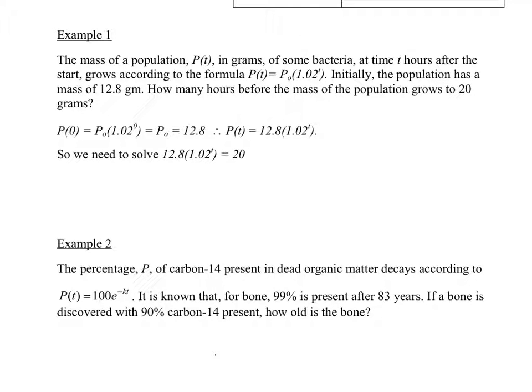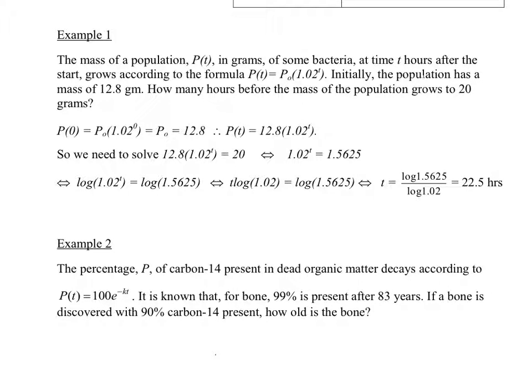You can solve it by, first of all, dividing by 12.8, both sides. Then you can take the log of both sides, like this. You can then move that t to the front so that we then have this equation, and then divide both sides by log of 1.02 to get 22.5 hours.